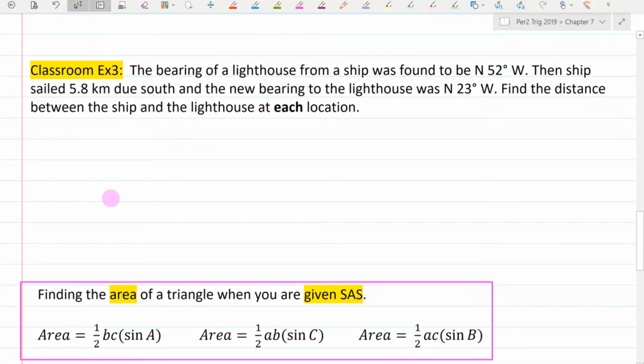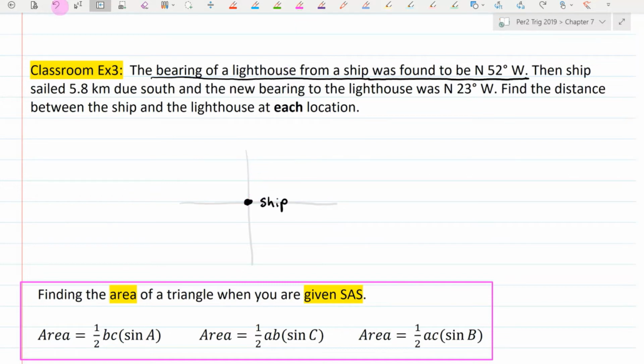All right. So you have to be careful when you read these things, okay? So it says the bearing of a lighthouse from a ship was found to be north 52 west. So I don't know which way this picture is going, so I'm just going to put the ship in the middle. The lighthouse is north.